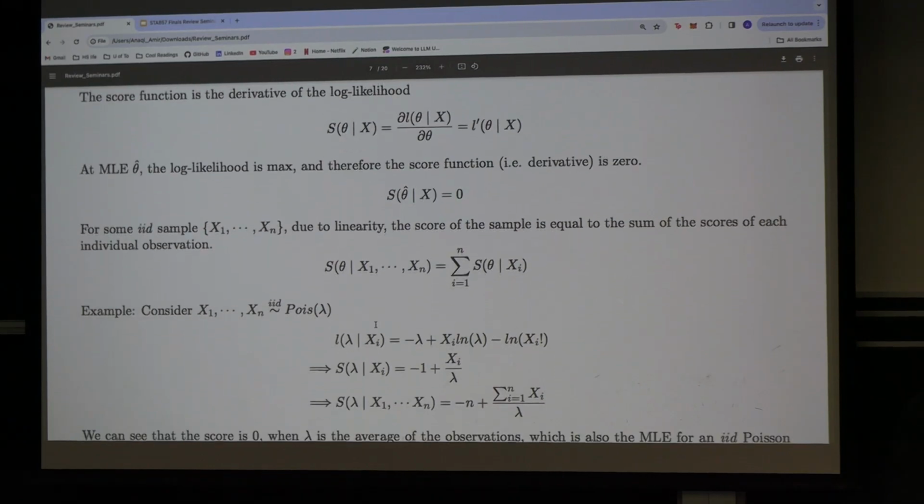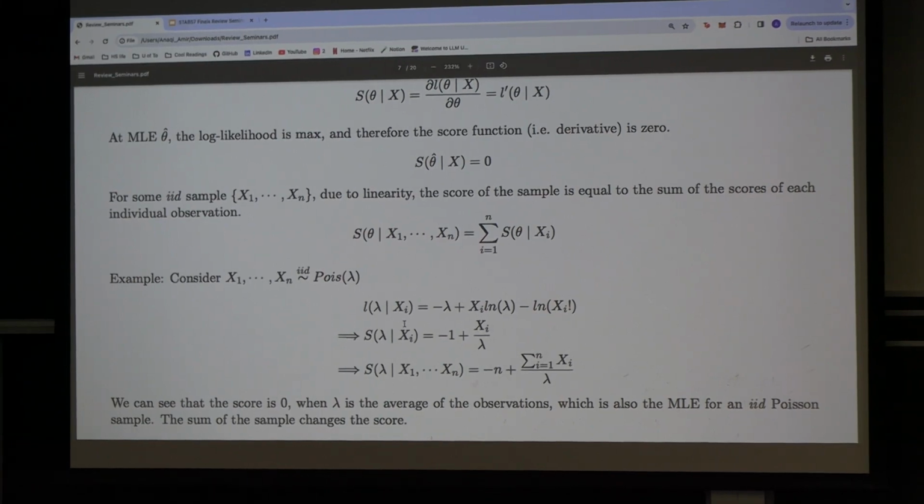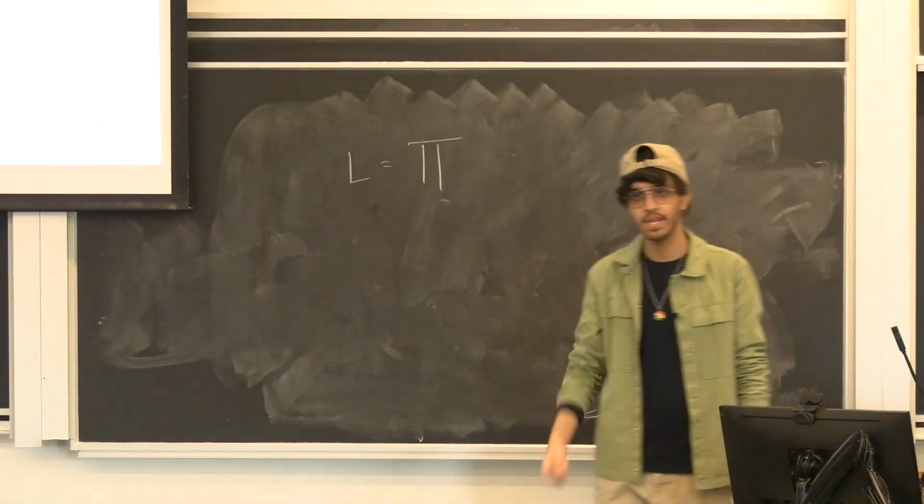I have a really tiny example for this. This is straight from your lecture slide, so it's not something new. It's good to revisit this. Suppose you have a sample which was created from the Poisson distribution. You have n data points. They're all IID. What is the likelihood of this? The likelihood is the product of each individual PDF, right?